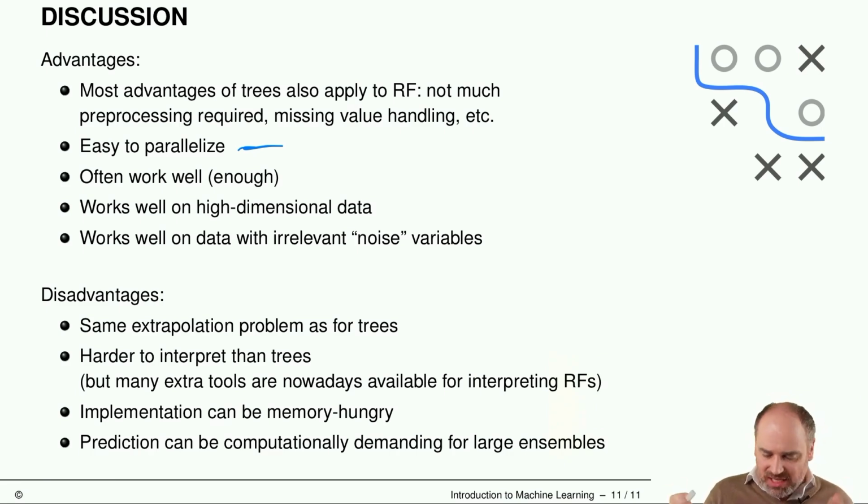And then sometimes the implementations can be somewhat memory hungry because you're creating an ensemble of trees, and you might be a little bit unhappy about prediction time, because if you predict an observation, you have to push it through that complete ensemble. For not super large scale data sets in training or in prediction, usually this is not an issue.